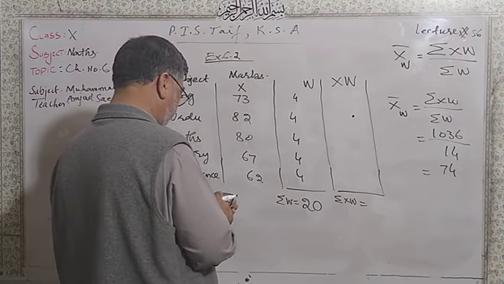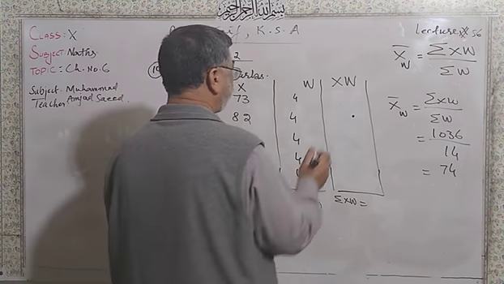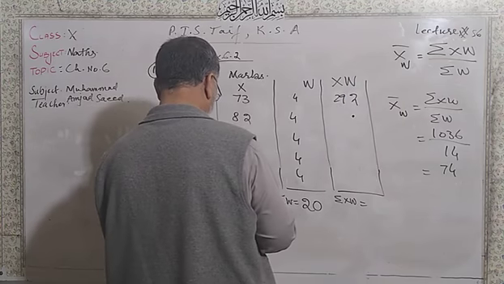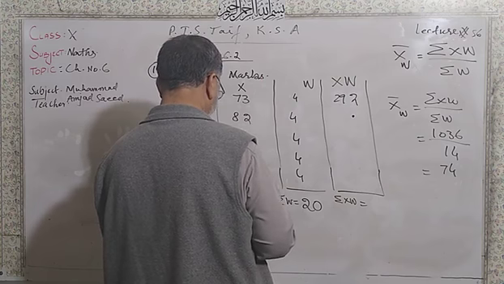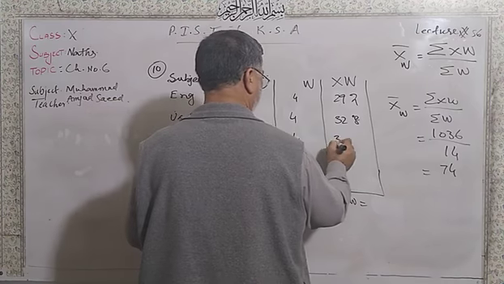73 multiplied by 4, that is 292. 82 multiplied by 4 will be 328. 80 by 4, 320.